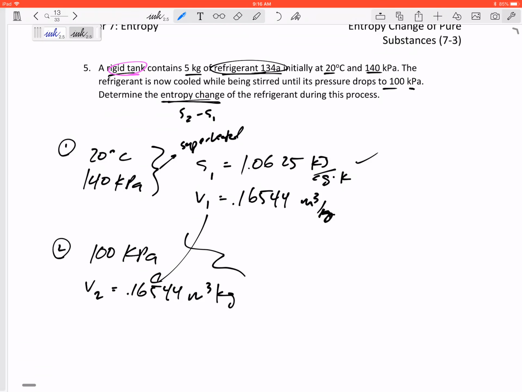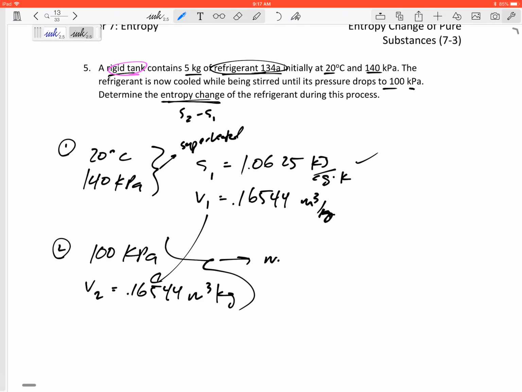Now take these two pieces of information, pressure and specific volume, and find the entropy. If I look at this saturation pressure, I would find that this specific volume is in between VF and VG.